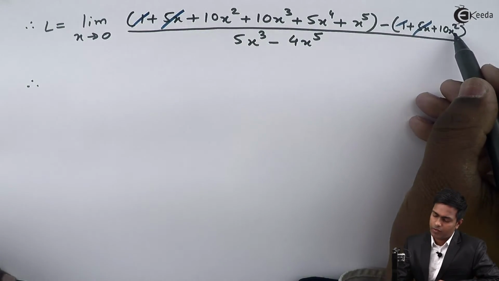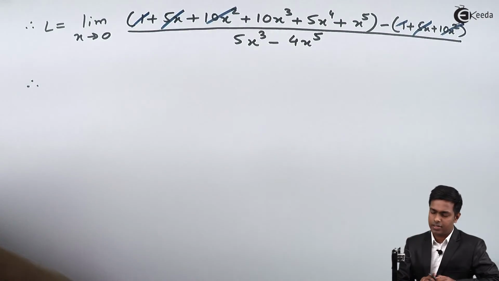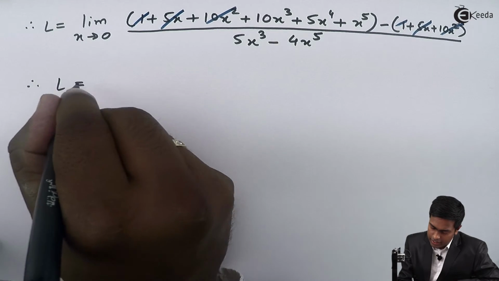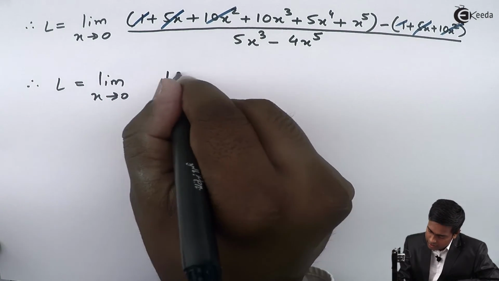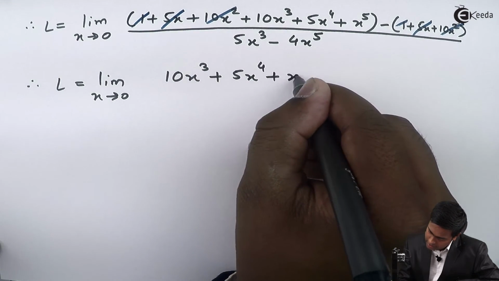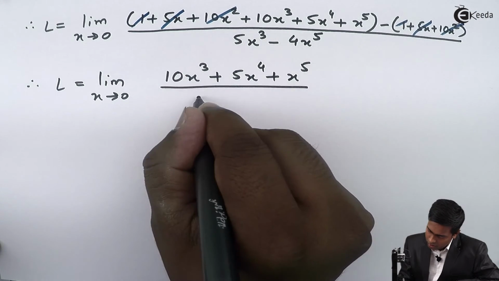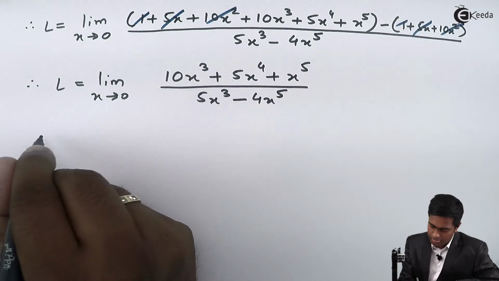Similarly, this 10x square will become negative, so minus 10x square and 10x square will be cancelled. So hence we will get L as limit x tends to 0, 10x cube plus 5x raised to 4 plus x raised to 5 upon 5x cube minus 4x raised to 5.